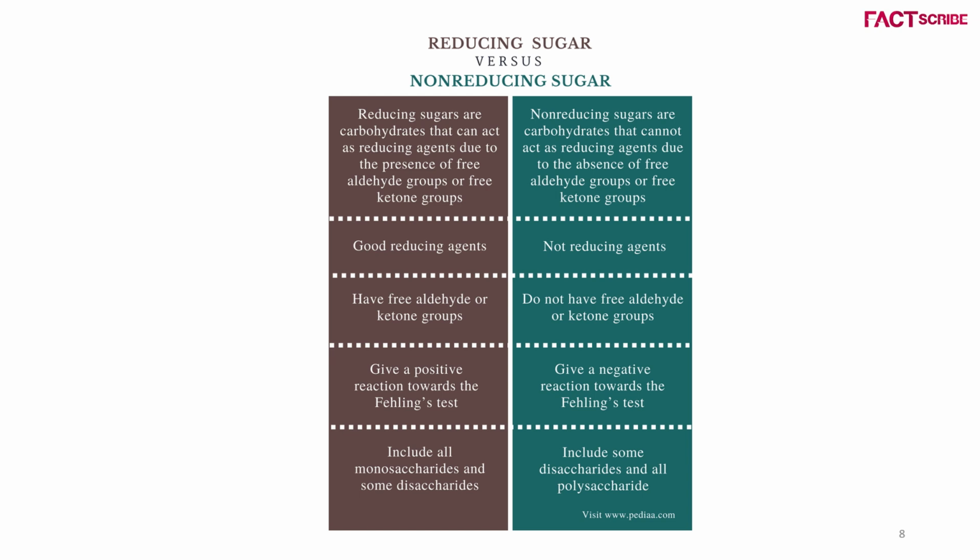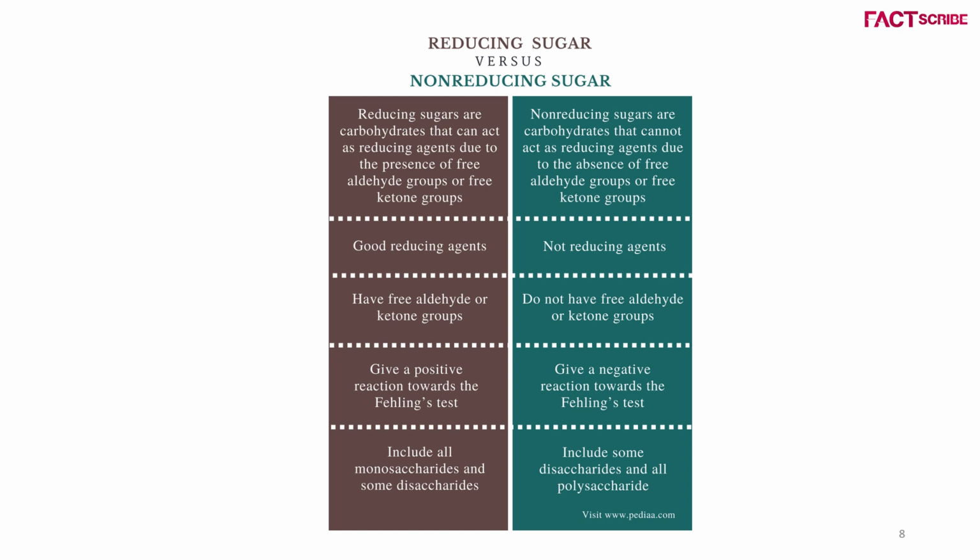Then the reducing sugar also has a free aldehyde or ketone group as we have already discussed. Then they give a positive reaction towards Fehling's test. That is, they turn from blue to red colored precipitate. They include all the monosaccharides and some of the disaccharides. In case of non-reducing sugar, they do not react with Fehling's test and include some disaccharides and all polysaccharides.